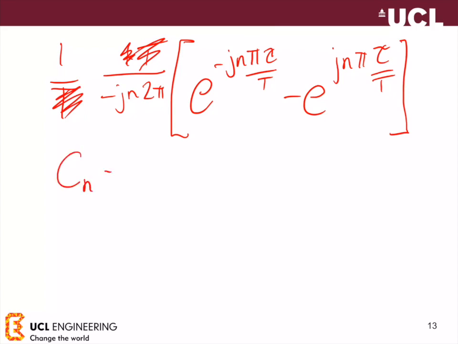And we can say C of n is going to be 1 on pi n sine n pi tau on big T.